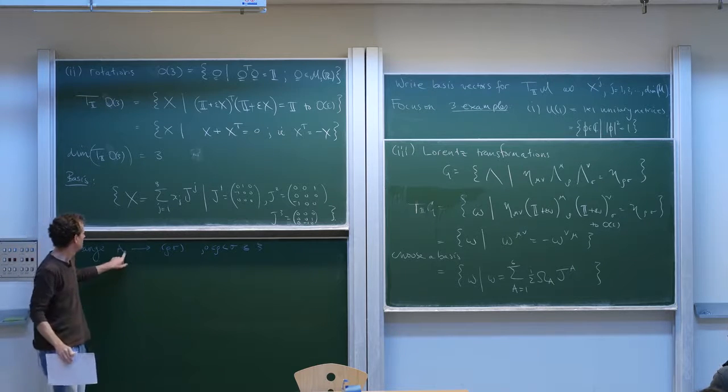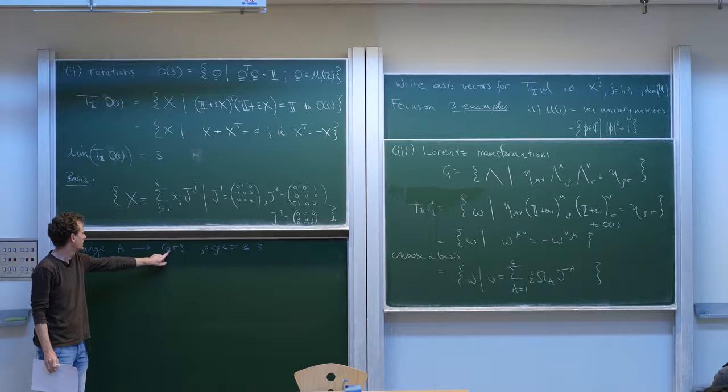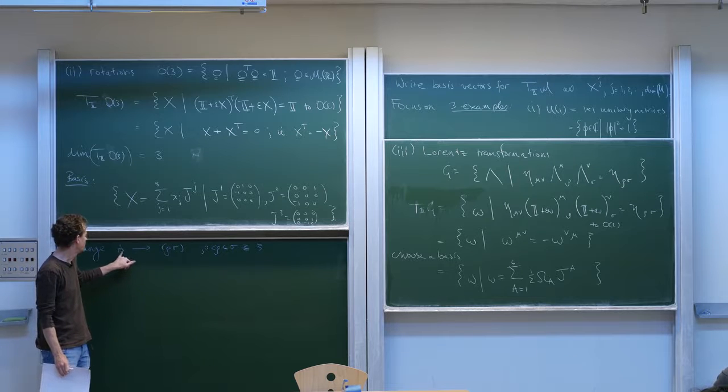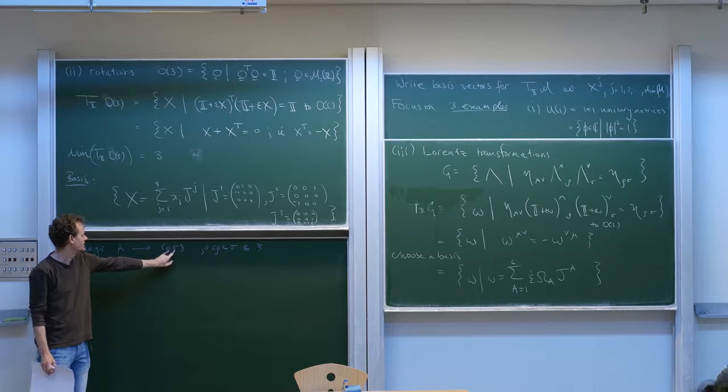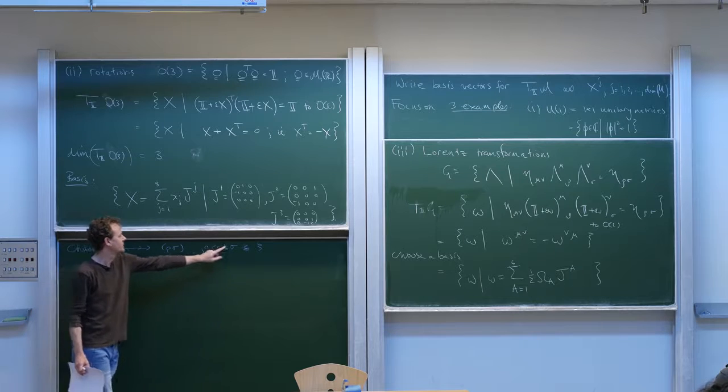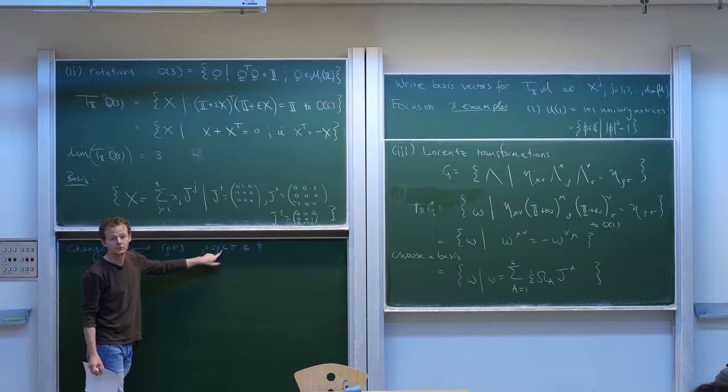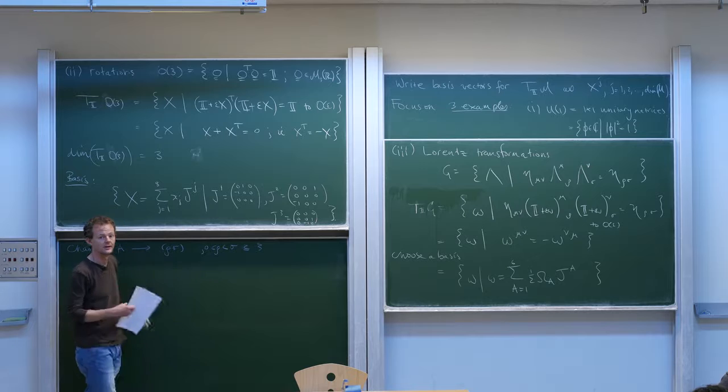So we're going to change this A, which runs from 1 to 6, to instead identifying each of 1 to 6 with a pair of indices rho and sigma, which run from 0 to 3, but with this additional constraint that rho must be less than sigma.